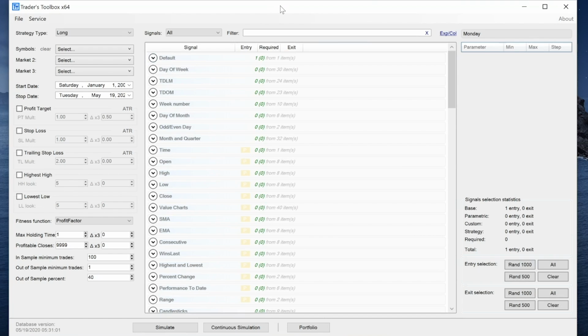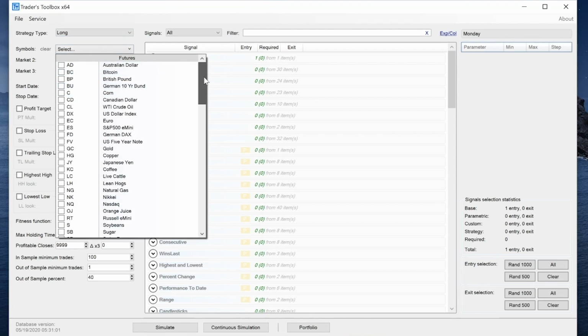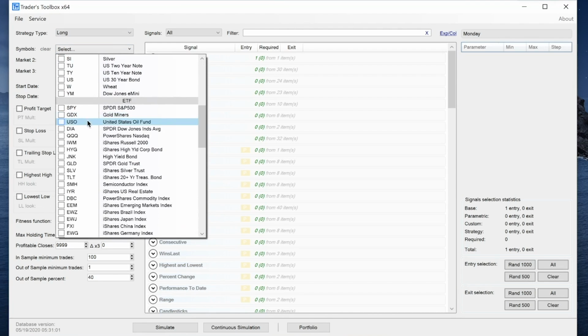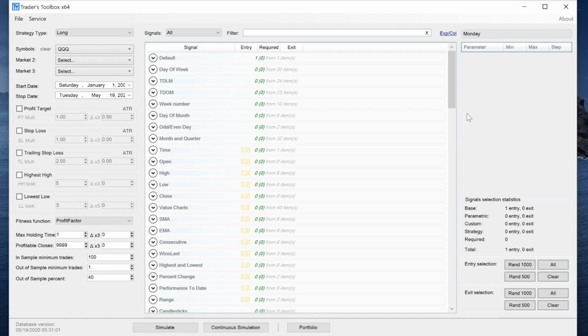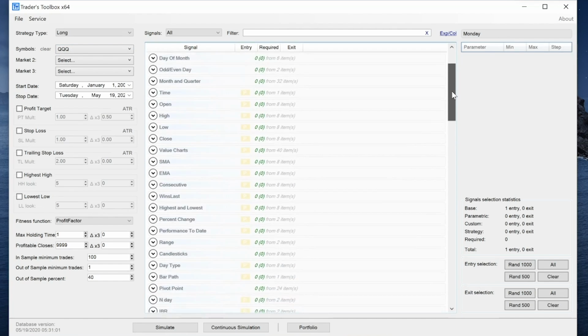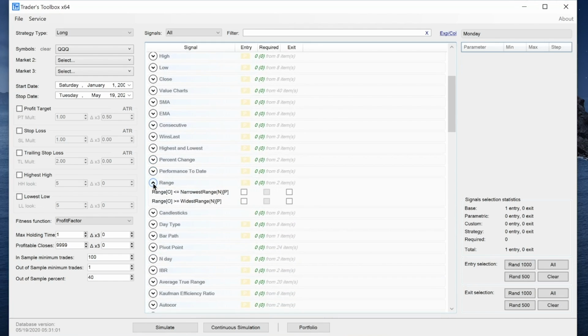Okay, let me show you how easy it is to make this QQQ strategy on Build Alpha. First, we know it's a long strategy, and we know the asset we are trading is QQQ, which is right here. All right, now it's time to set the entry parameters. The first one was a range restriction.